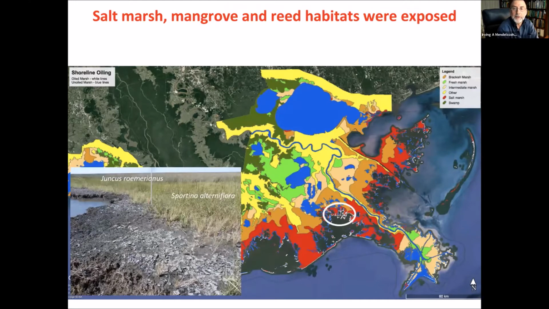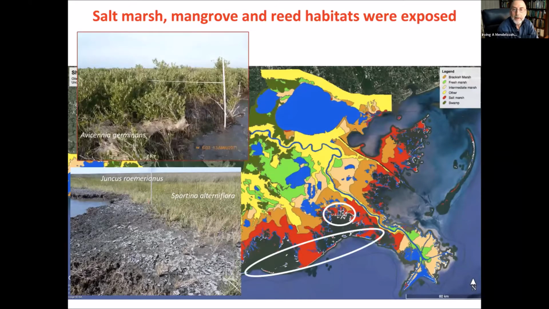These salt marshes, like those around Bay Jimmy and the north central Barataria Bay, are dominated by two species primarily, Spartina alterniflora and Juncus roemerianus. In addition, mangroves dominated by Avicennia germinans, which are embedded within the salt marsh polygons, were also oiled.